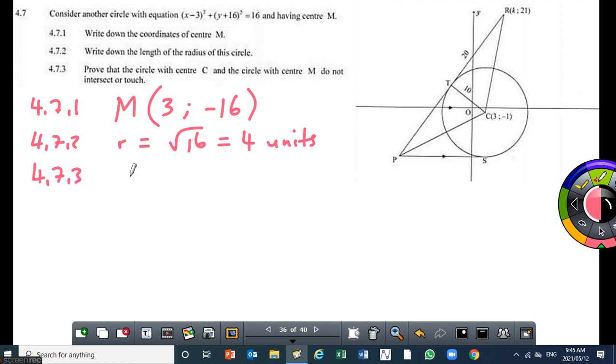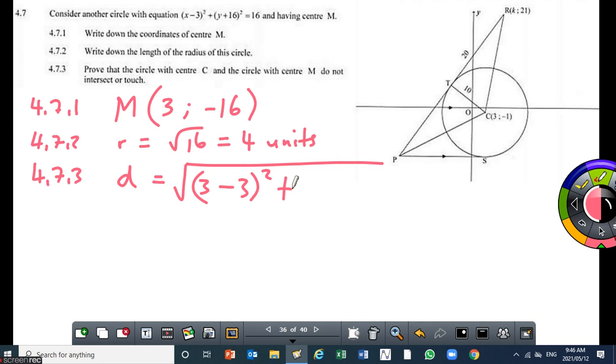So calculate the distance between the two centers, D equal to, if I choose the coordinates of the center of that one, then it's going to be 3 minus 3 squared, which means they have the same x value. Do you see that?